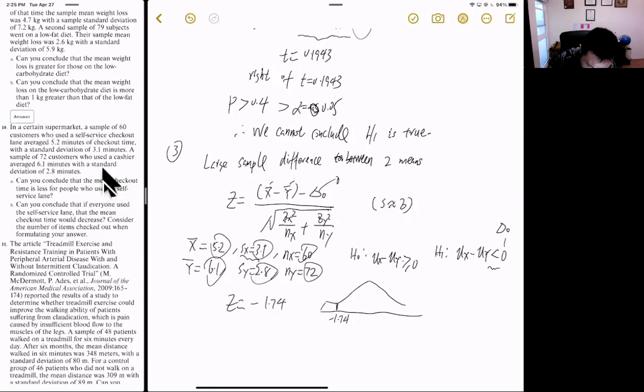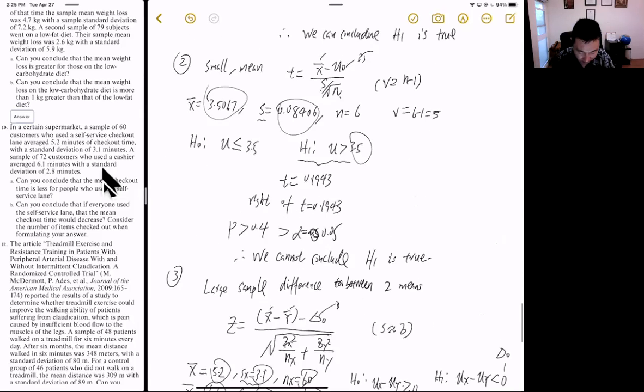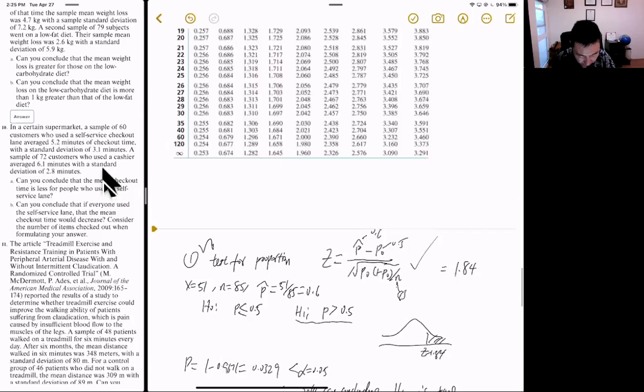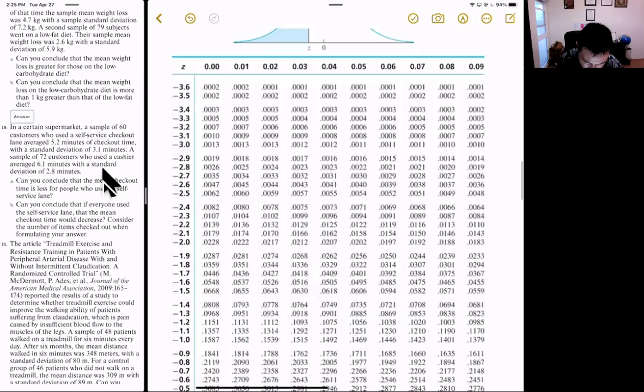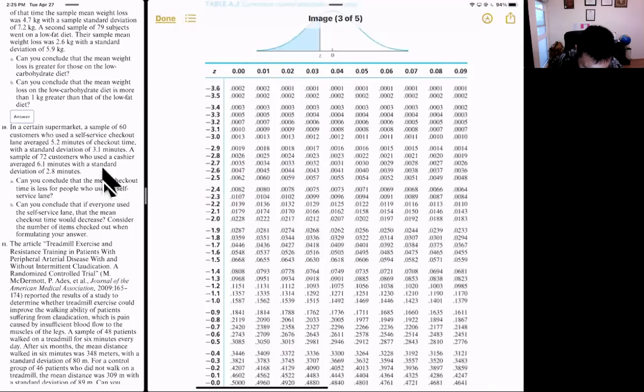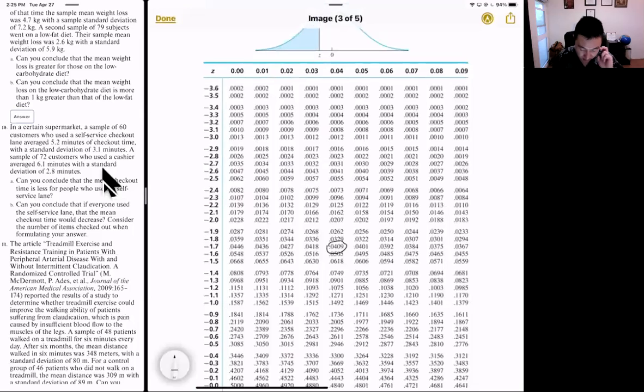So go back to table 8.2 and find the z value of minus 1.74, which gives 0.0409.